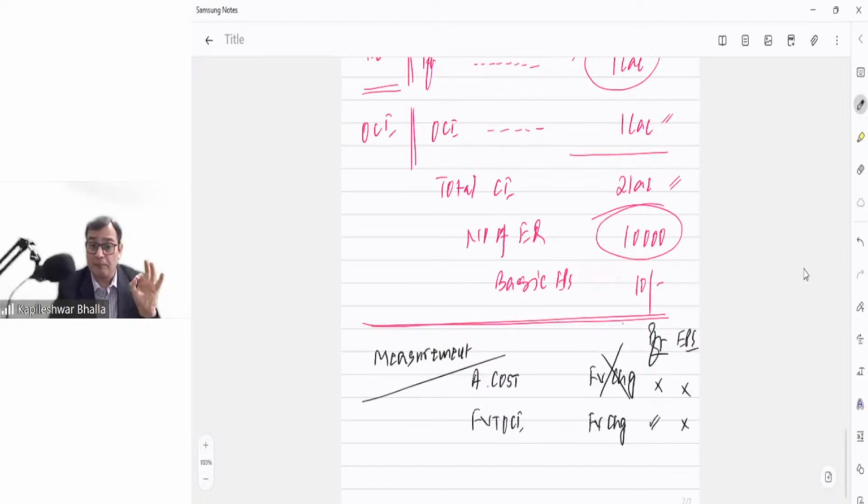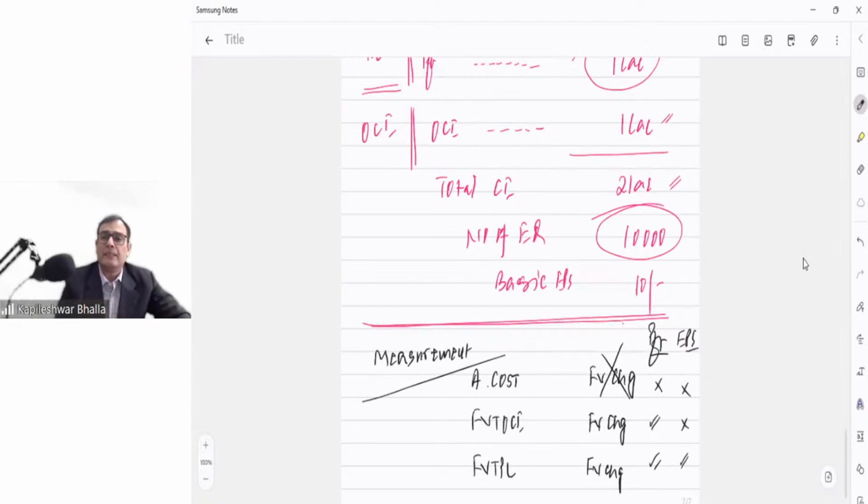And then the third approach they introduced is what is called an FVTPL. In terms of FVTPL, again, the fair value changes are recorded in the profit and loss section, and it affects the EPS as well. Wow. So understand the implications of the three measurement bases which are given in Ind AS.